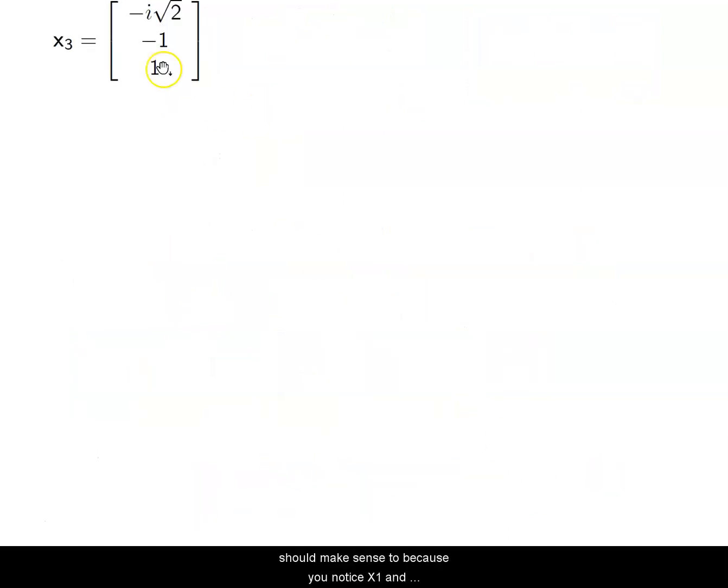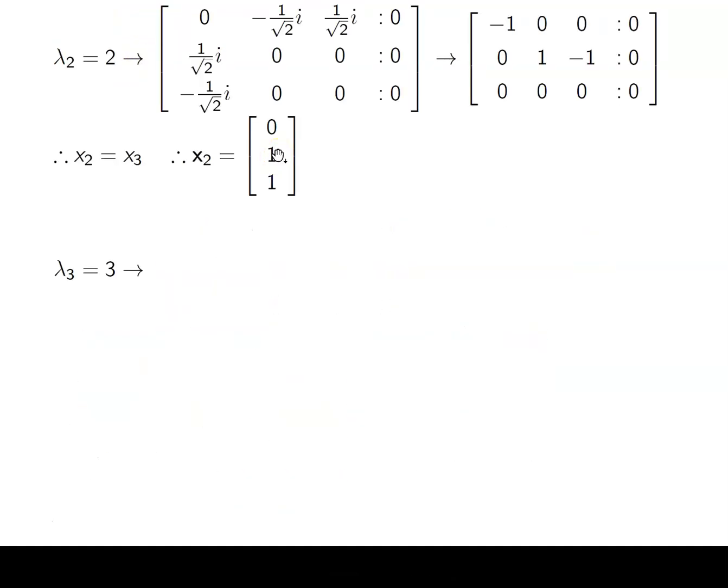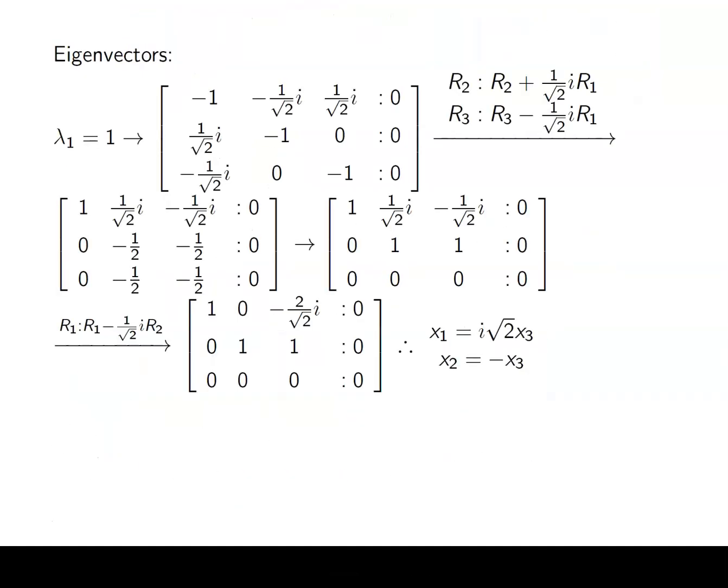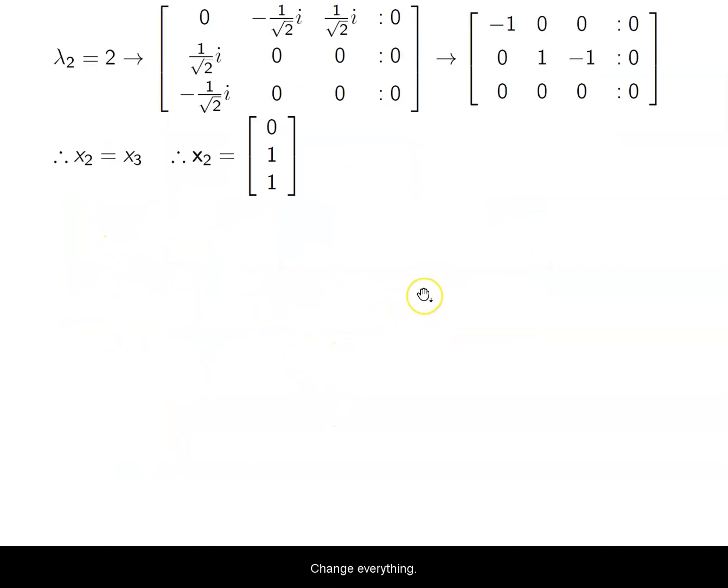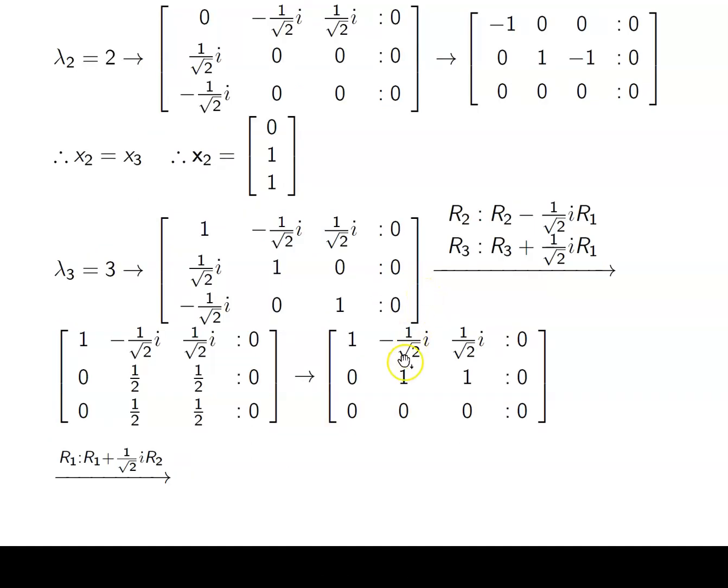And that should make sense too, because if you notice, x1 and x3 are just complex conjugates. I have negative i root 2, I'm sorry. And look what I had here: i root 2, negative 1, 1. All of these matrices are the same. Just everything, instead of negative 1/2 everywhere and a negative 2 root 2, switches the signs.